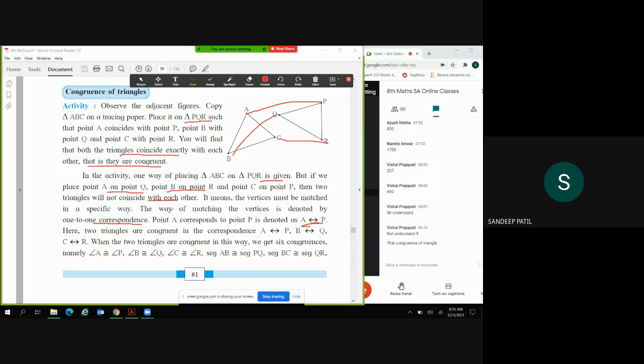So here not only the sides, but we have to match the vertices also. So their points should also be the same. Here, see, A corresponds to P, B corresponds to Q, and C to R. If we place the vertices like that, only then will we say the two triangles are congruent. Okay, if we don't place them that way, you will not see the two triangles as same. Okay.